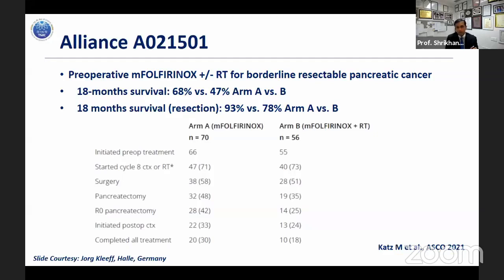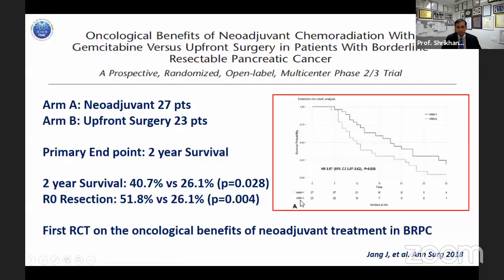We do not as yet know the exact details as to why this has happened. This was presented at ASCO GI, but you can see that there are challenges when it comes to adding radiotherapy, and we still need to understand this trial more than what we are able to see. But there is an 18-month survival difference of 68 to 47%.